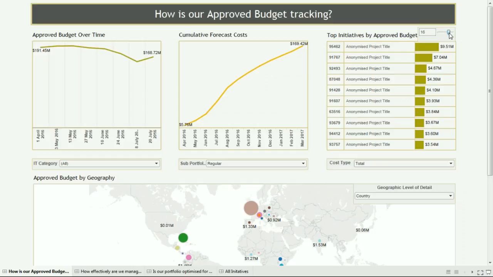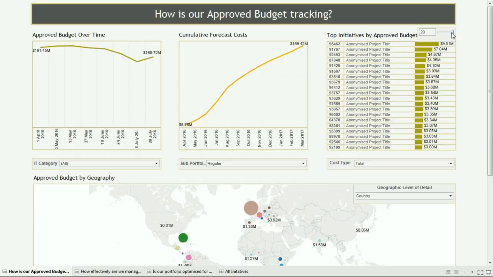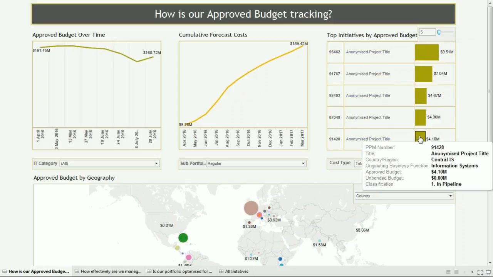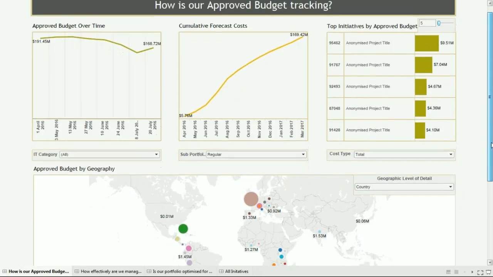Here we've got a useful slider where we can access additional, more projects, or we can have less projects if we want to focus on a specific number. And again, that hover-over information will call out things like which business function the project's associated to, whether it's in delivery, in the pipeline, or completed. So lots of information there.